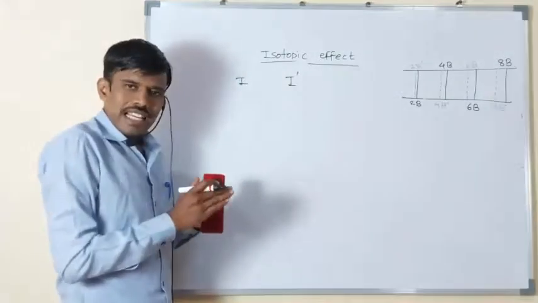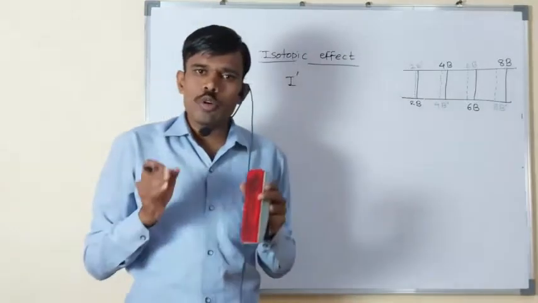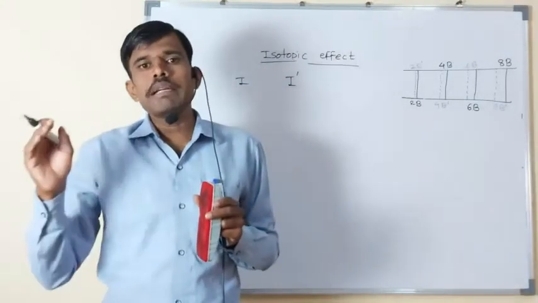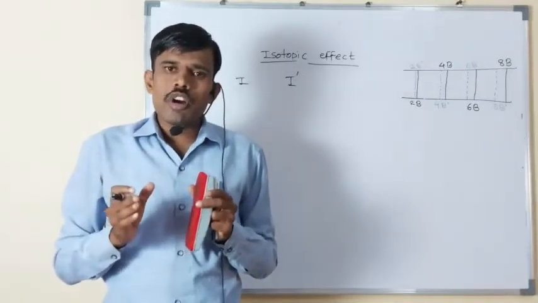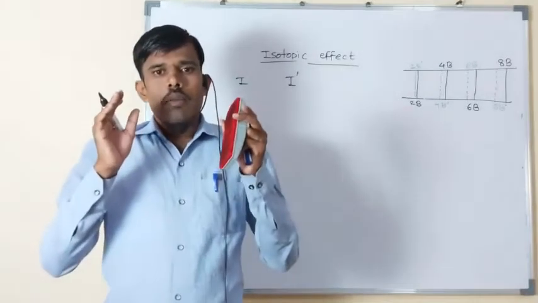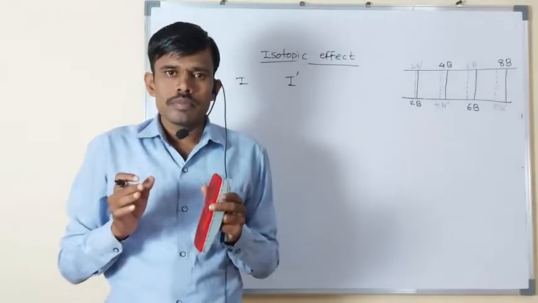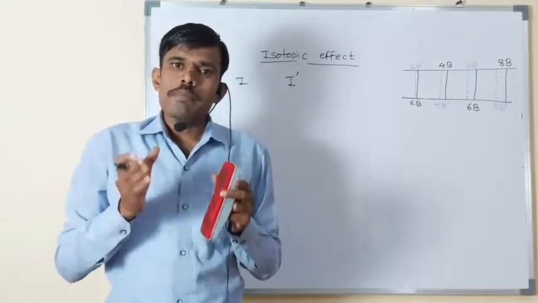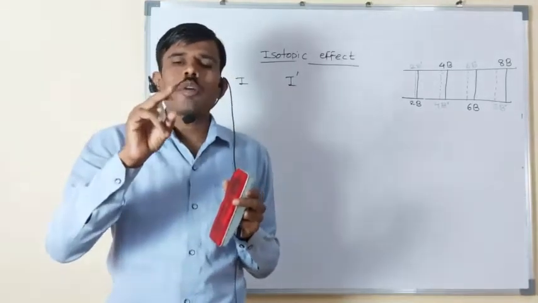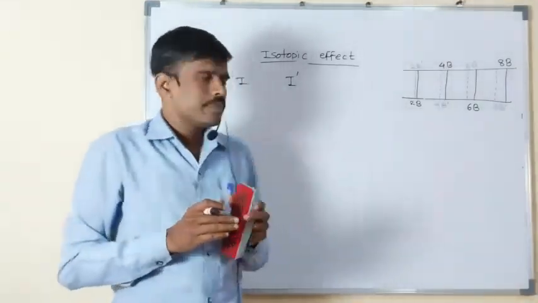Similarly, B is the rotational constant of original atom, and B prime is the rotational constant of a molecule after replacement of one of the atom with the isotope.